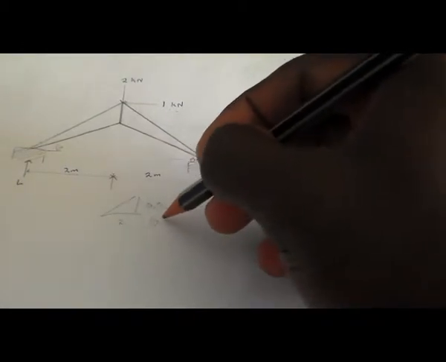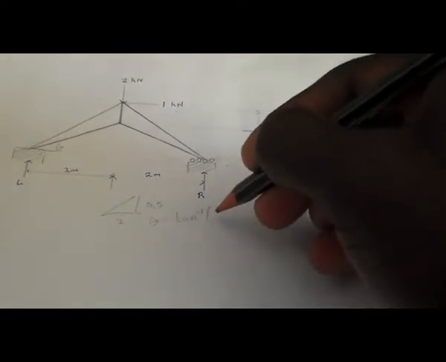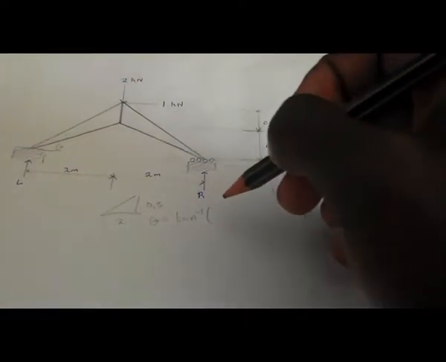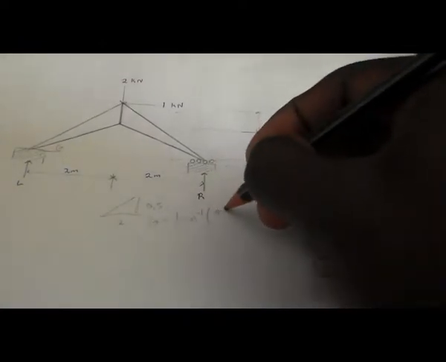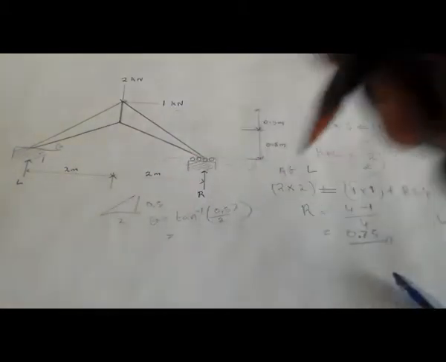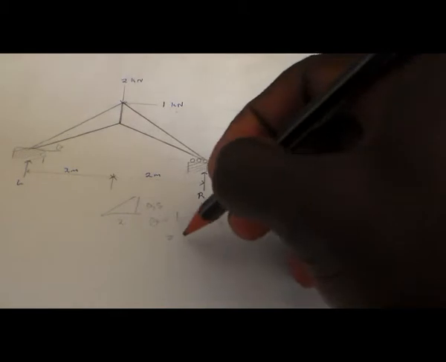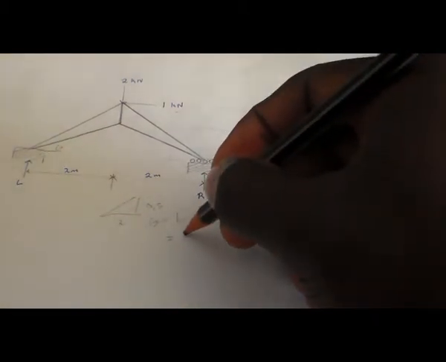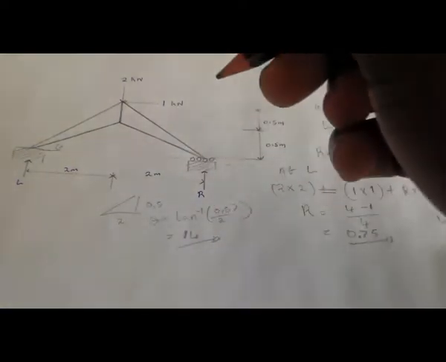So the angle will be the inverse of tan of 0.5 over 2, which equals 14 degrees. I'm just going to convert it into a number, so I will take 14.